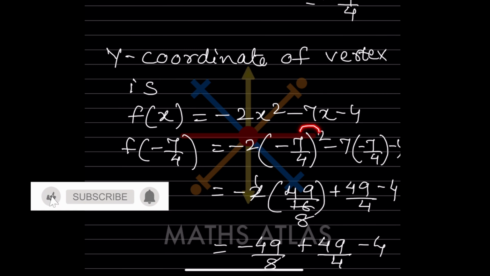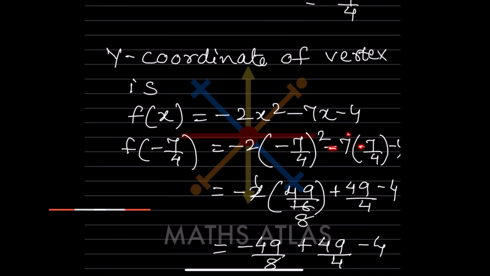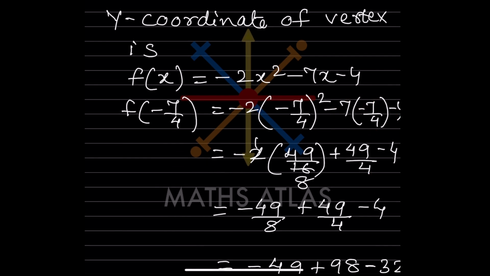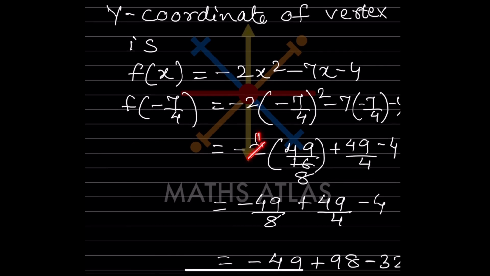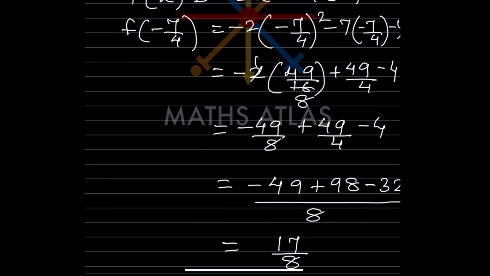So this is going to be 49 divided by 16. And here again minus and minus becomes plus, 49 by 4, and this minus 4. So now let us simplify this. 2 ones are 2, 2 eights are 16. So this will be minus 49 by 8. This as it is. So now the LCM is 8. So you are going to multiply this by 2. So this is going to be 8. And this again you are going to multiply by 8.